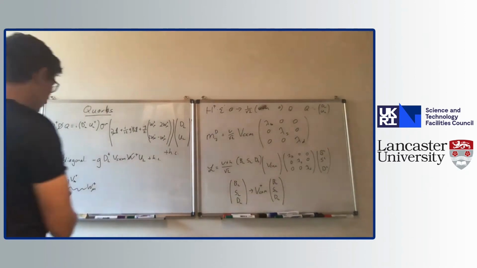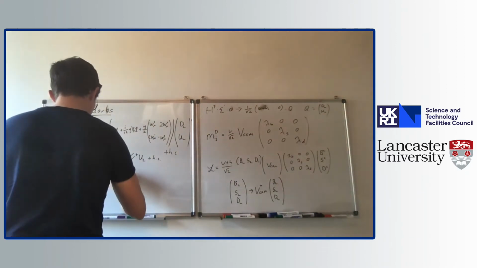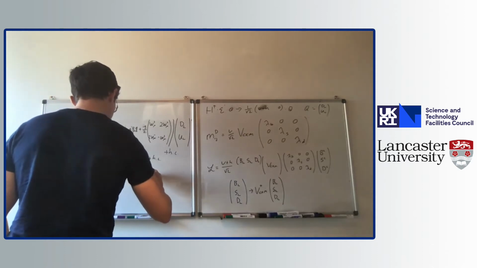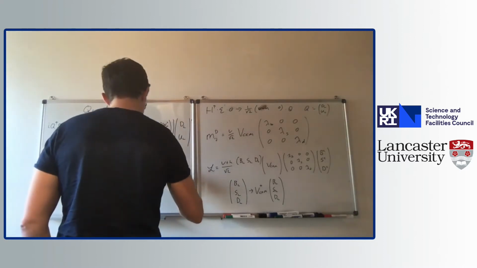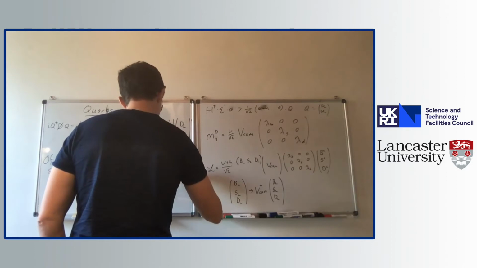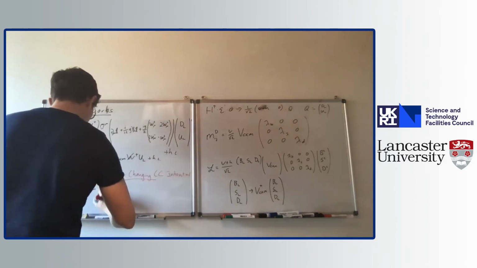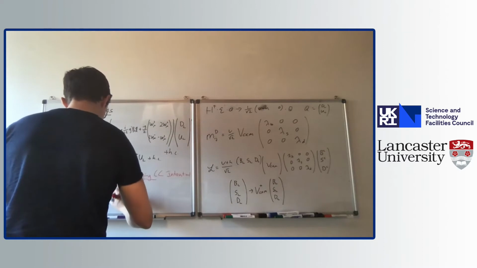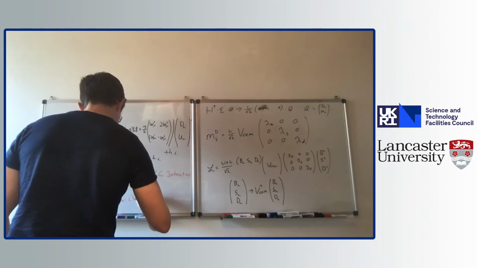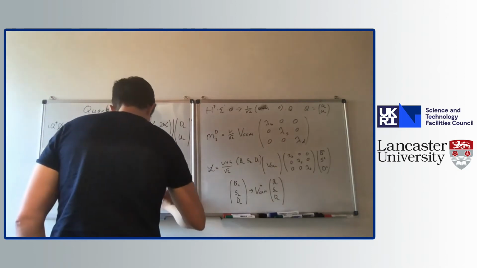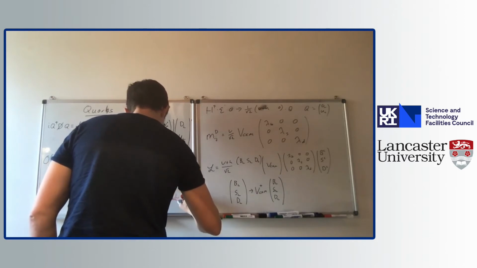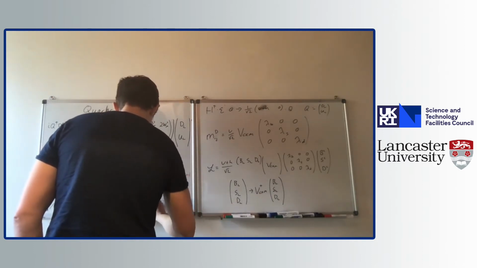So we call this flavor changing charged current (CC) interactions. And no flavor changing neutral current interactions. I put in brackets, at tree level.